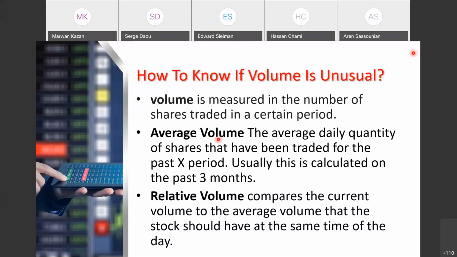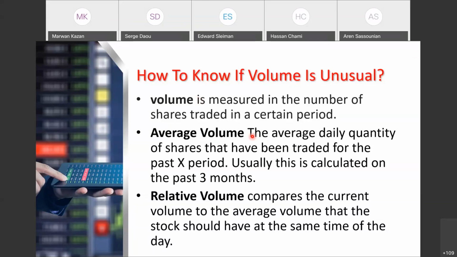Now, as I said, if the volume is big, something is happening. If it's very small, something may also be happening. How do we know if the volume today is big or not? We look at the average volume.